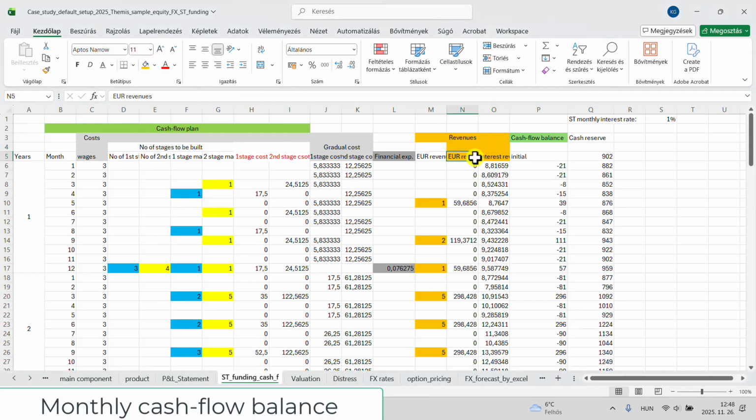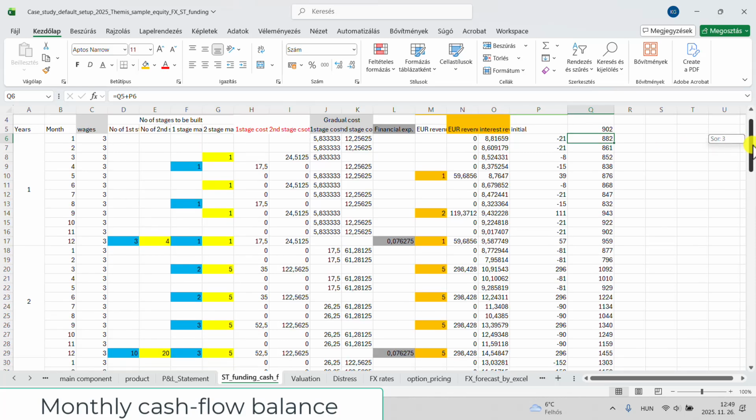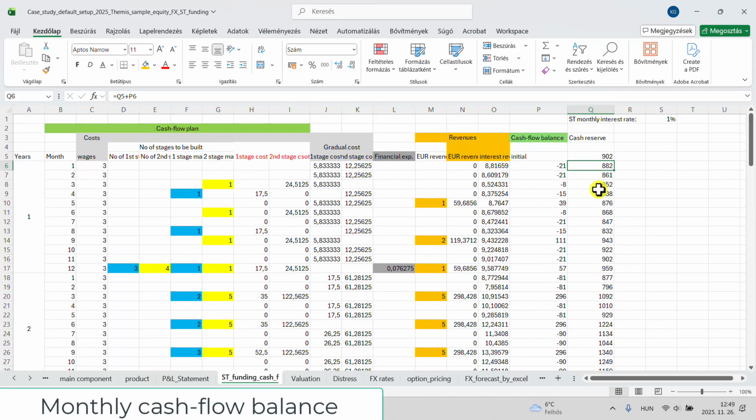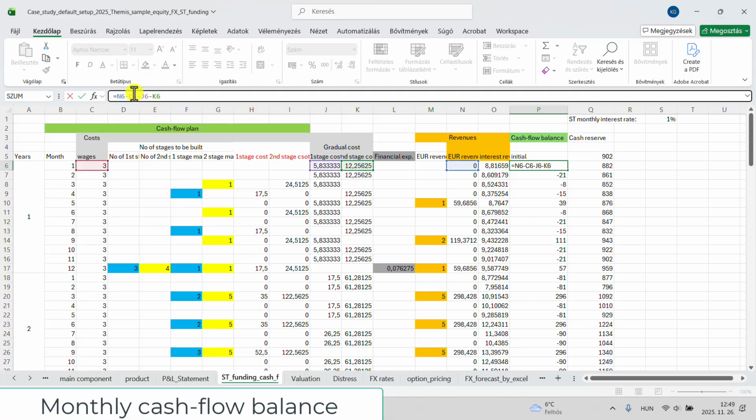One is about operations, one is about the financial portfolio, which is just a cash reserve in a bank deposit. And since we have this, here we also have to add this.